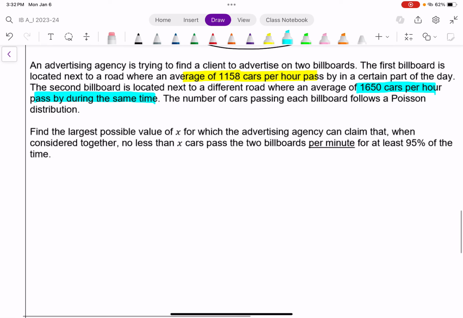Okay, a lot of stuff to unpack here. First, the key is we want to think per minute. So I want to scale down these averages. For example, this first billboard: instead of 1,158 cars per hour, I'm going to divide by 60 and get 19.3 cars per minute.